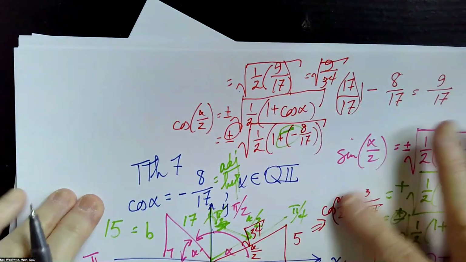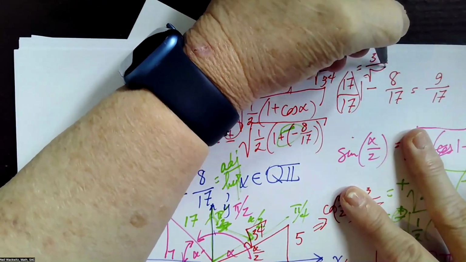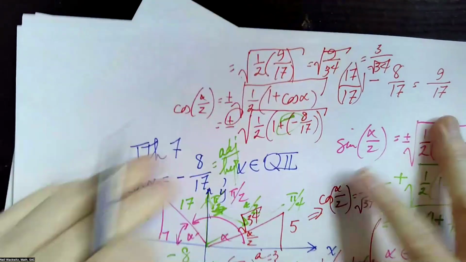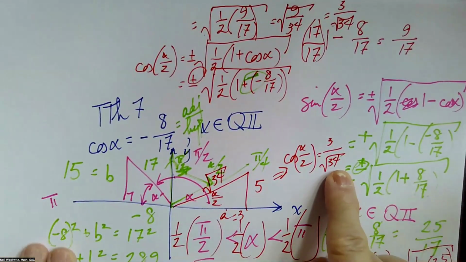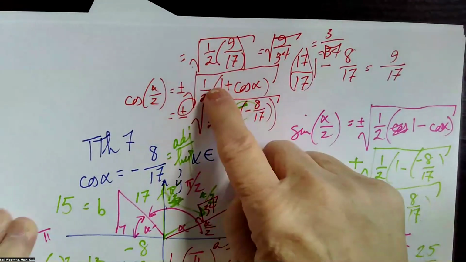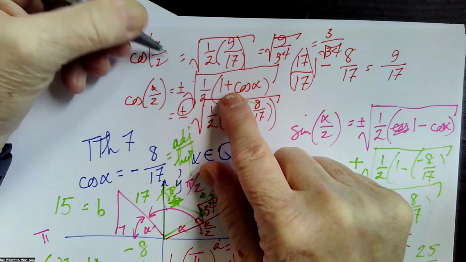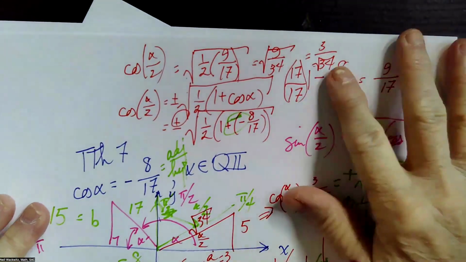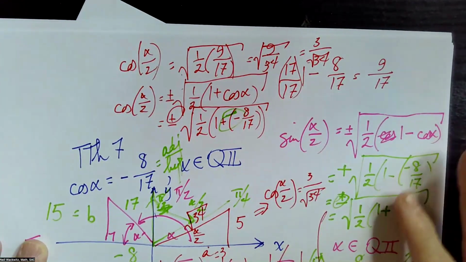And the square root of 9 is nice. Square root of 9 is 3. And that's exactly the same value we got when we just looked at the triangle. So we got that the cosine of alpha over 2 is indeed 3 over the square root of 34.